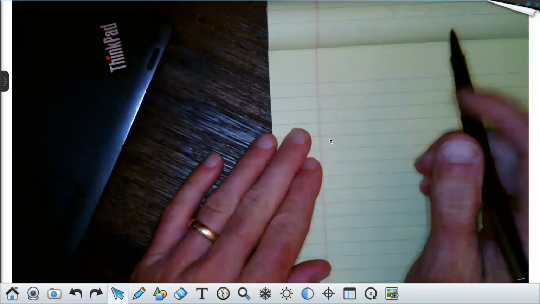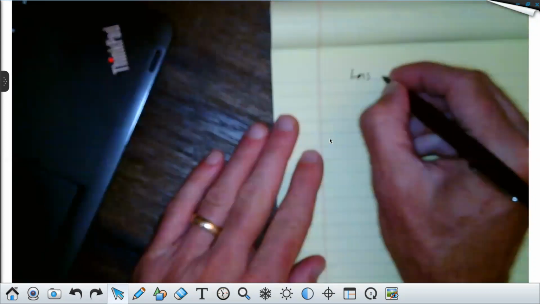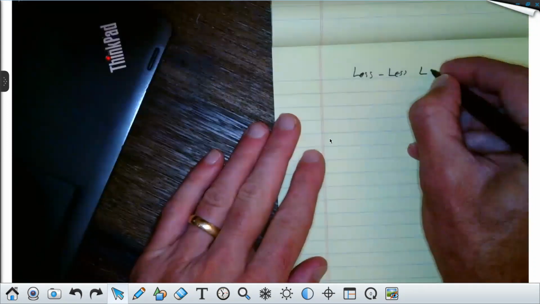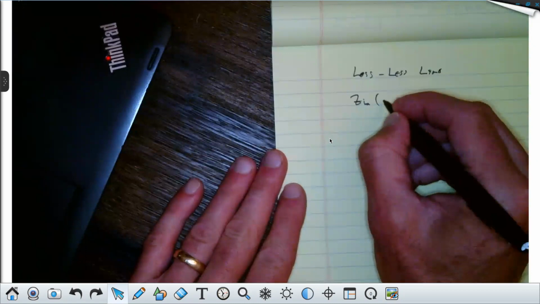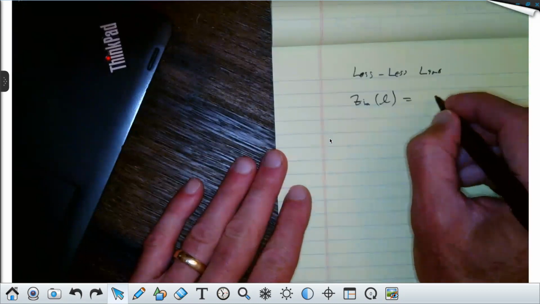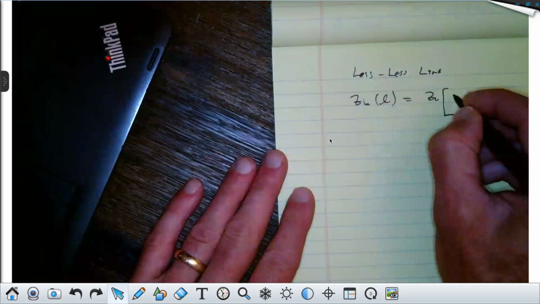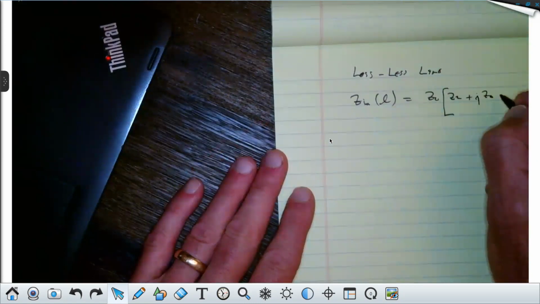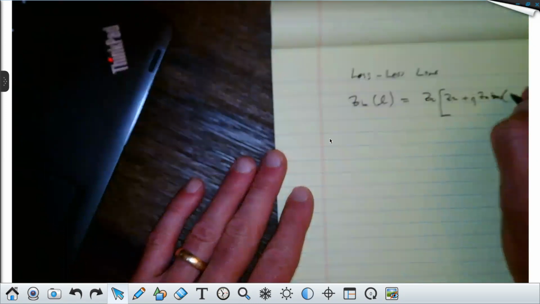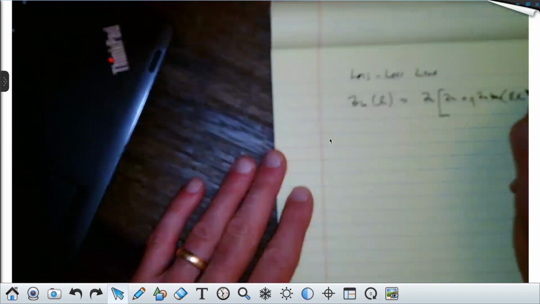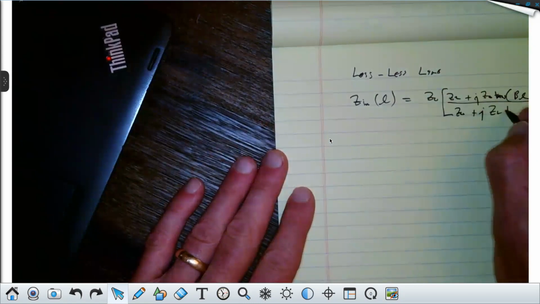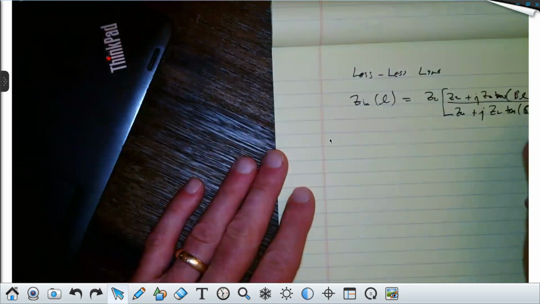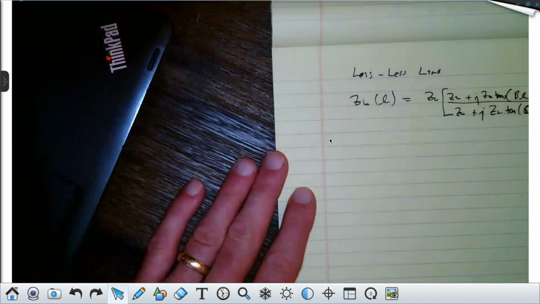I said for a lossless line, what we end up doing is finding the input impedance Z in at a given length L, which is equal to Z naught times (ZL plus jZ naught tangent of beta L) over (Z naught plus jZL tangent of beta L). You all remember that, right? I worked that. Do you remember seeing this equation, class?